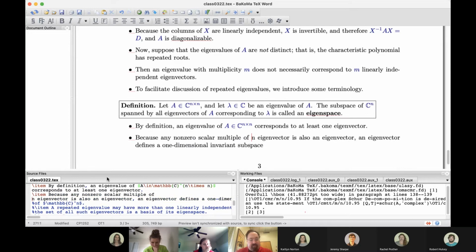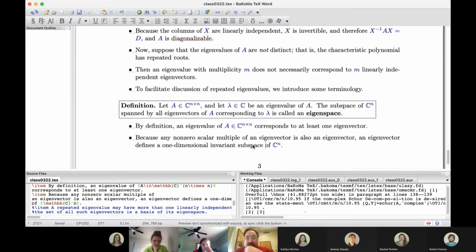Now, very important, if you take a non-zero multiple of an eigenvector, that is also an eigenvector. So any eigenvector defines a one-dimensional eigenspace. Sorry, not true. It's not necessarily an eigenspace all by itself, but it is a one-dimensional invariant subspace.